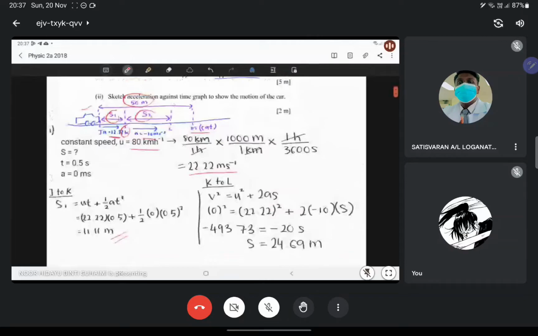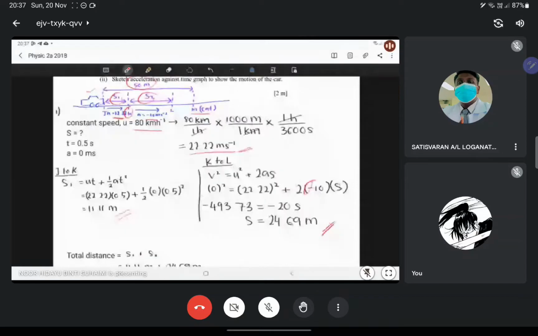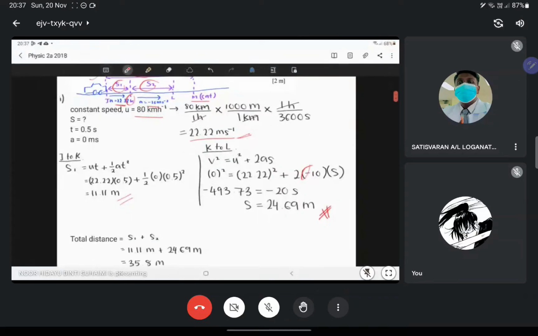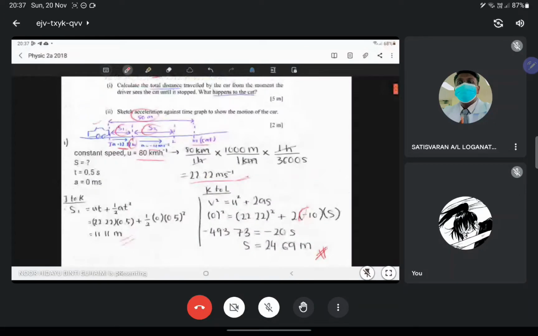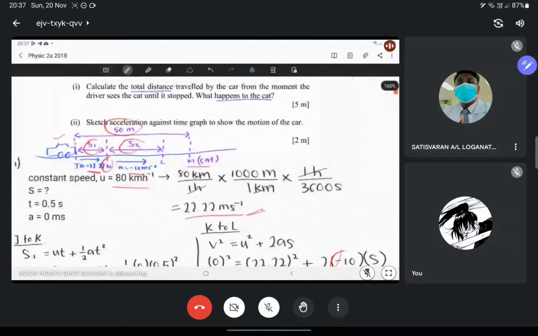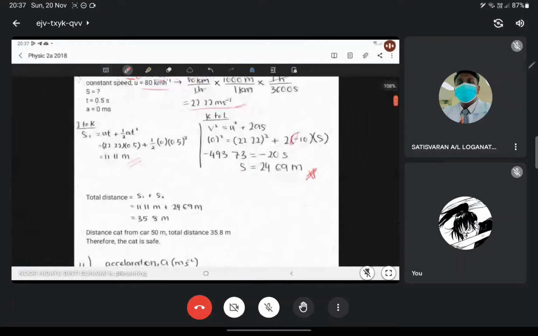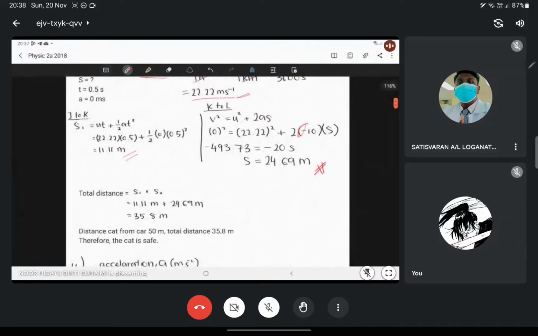So deceleration means kita kena letak negatif dekat depan. So kita nak cari nilai s, masukkan semua, dapat s sama dengan 24.69 meter. Dan untuk calculate total distance tu kita kena tambah S1 dengan S2. So tambah S1, S2 dapat 35.8 meter.